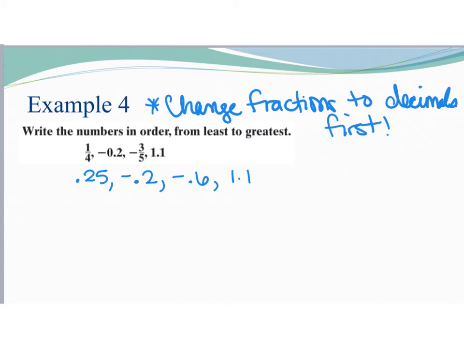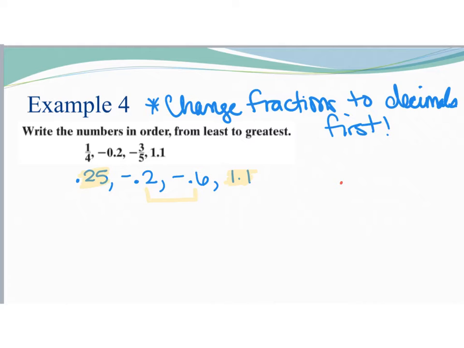So hopefully at this point you can at least recognize the fact that the 1.1 being a positive number is going to be the greatest, with the 0.25 or 1/4 being the second largest. So now I have to figure out which one of these is my smallest. To do that, I like to think about them in terms of them being positive.